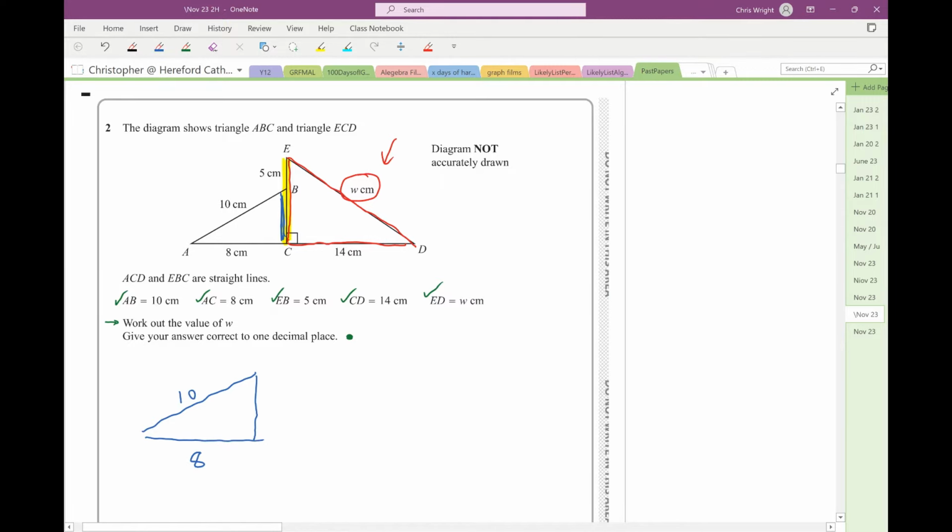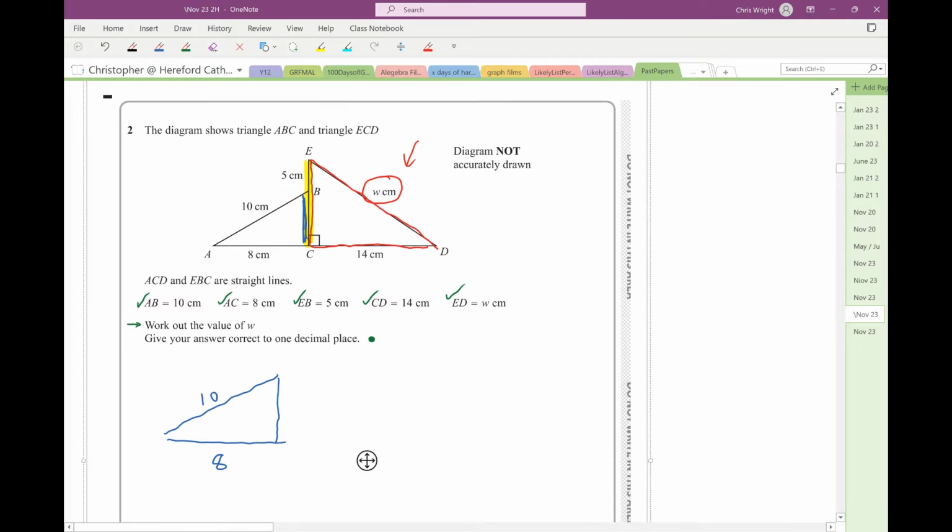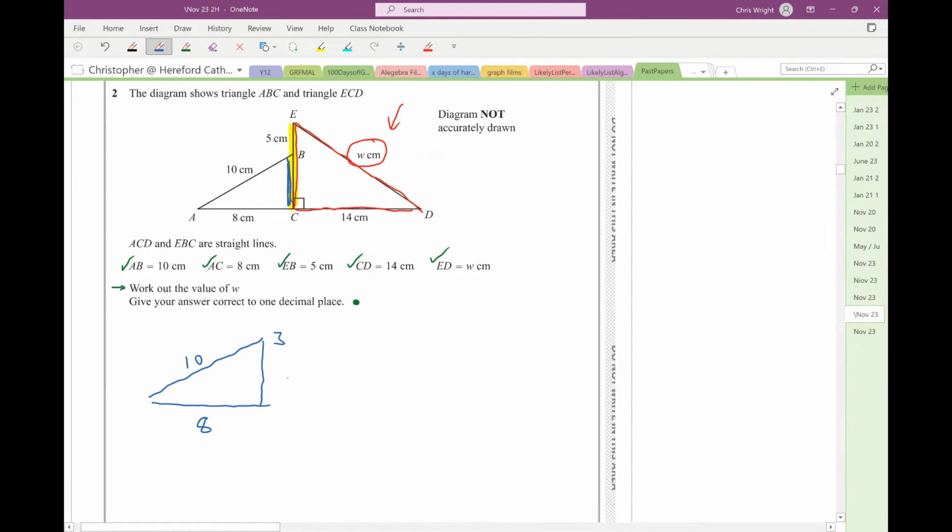So this is BC, isn't it? This bit here is from B to C. So BC will be the square root of 10 squared minus 8 squared. Put that into my calculator, and BC is 6. Okay, so that means now I know that this bit's 6, so the whole of E to C is 11.